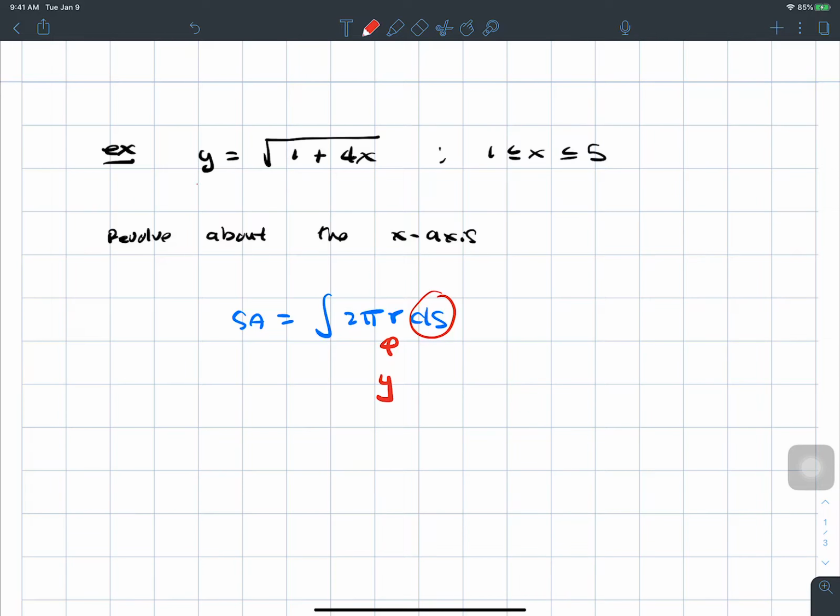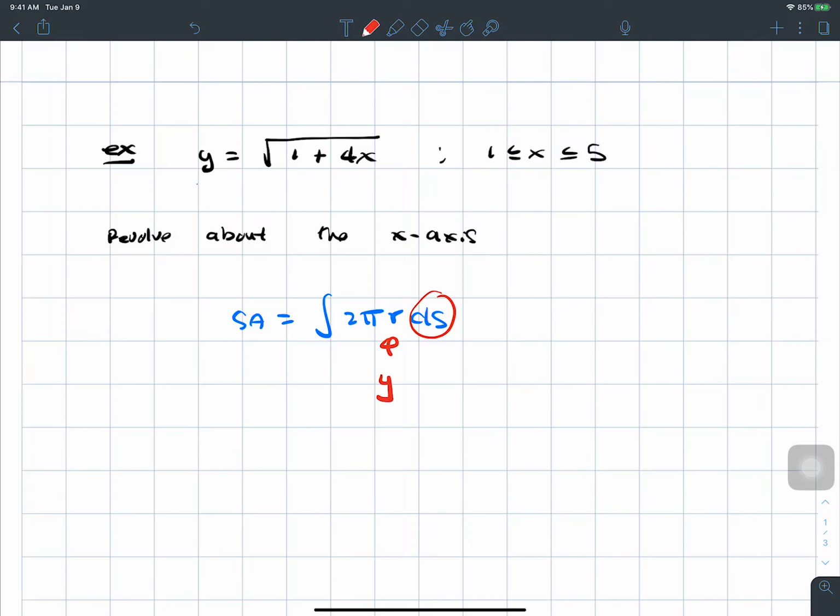And now the ds that we use, since there's two types, so let's note: two types of ds. ds is the square root of 1 plus (dy/dx) squared dx, or we can use ds is the square root of 1 plus (dx/dy) squared dy.